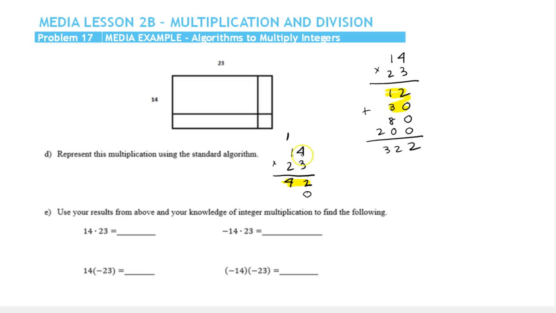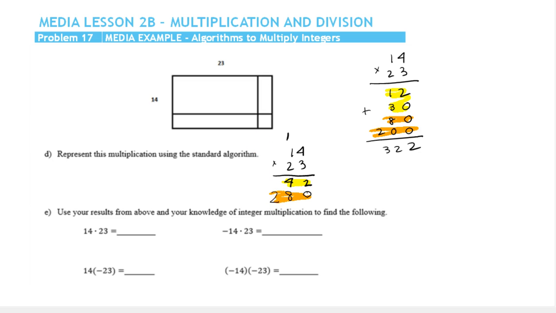So we have 2 times 4 is 8, and then we have 2 times 1 is 2. So now let's see how that corresponds. So we have 280, and we got that by adding the 80 and the 200 together, but we did it in just one step. So the 2 times 4 was 80, and since we put the 8 there, it's in the tens place. The 2 times 1 is 200. Since we put it to the left of the tens place, this 2 represents a 2 in the hundreds place.